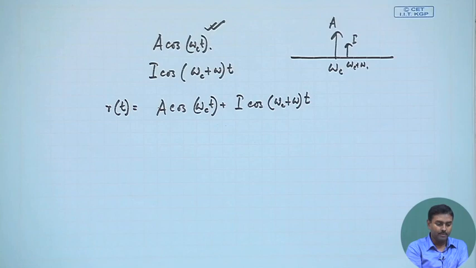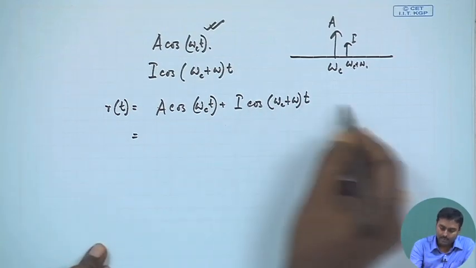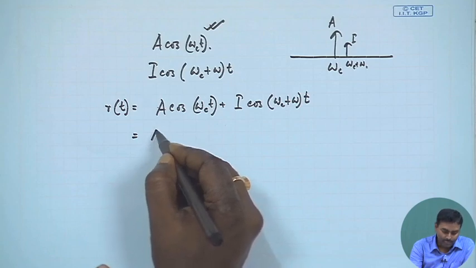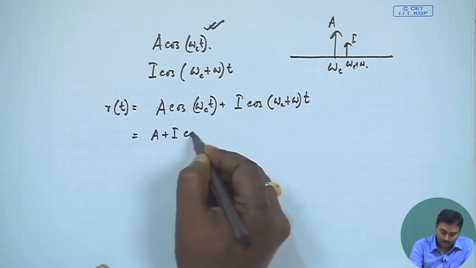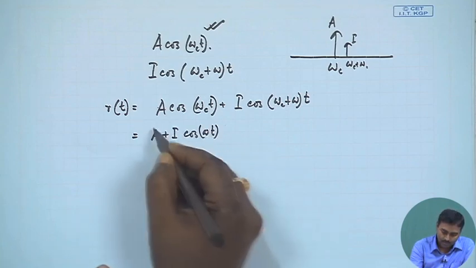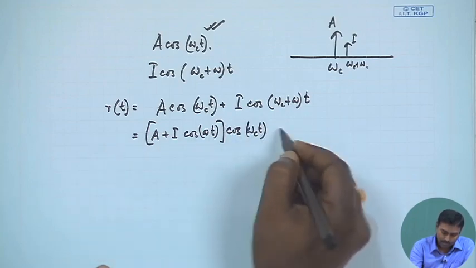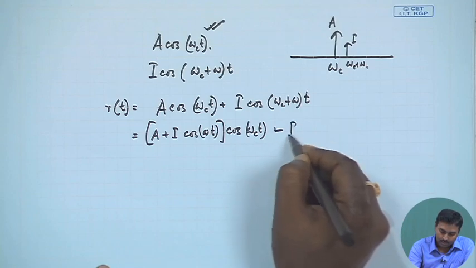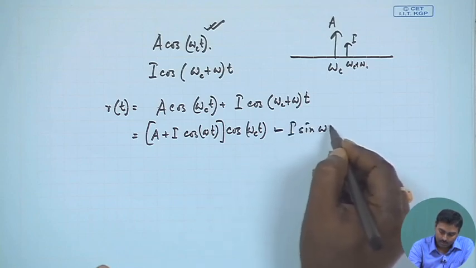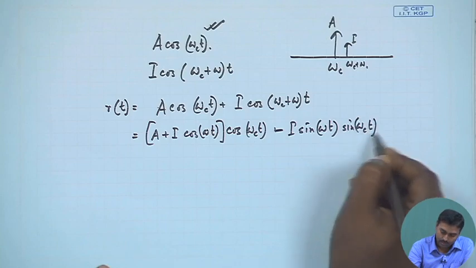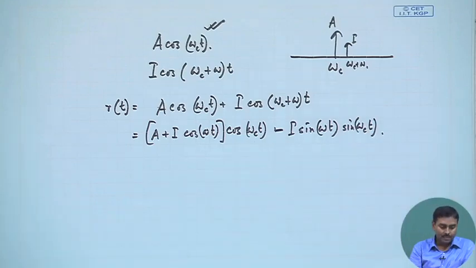I can just open this cos (omega c plus omega), and then I will get (A plus I cos omega t) cos omega c t minus I sin omega t sin omega c t, just an algebraic manipulation.